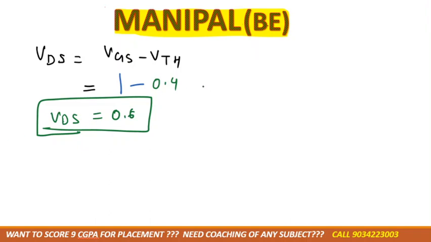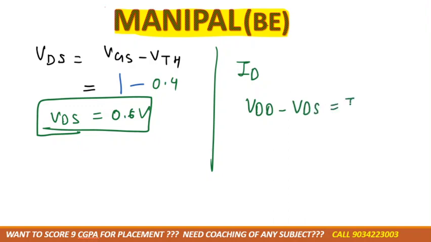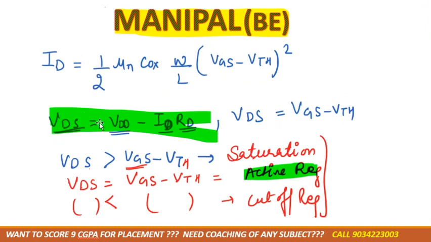Now the next case, VDS we got it as 0.6. Now we need to calculate ID, right? So we'll have one formula, VD minus VDS is equal to ID into RD. We have this one also, VDD minus ID RD minus VDS, this formula.